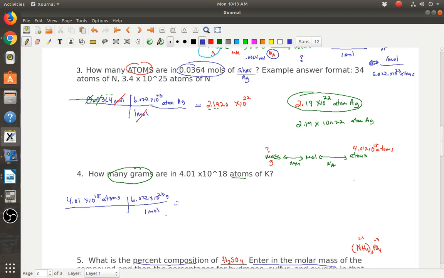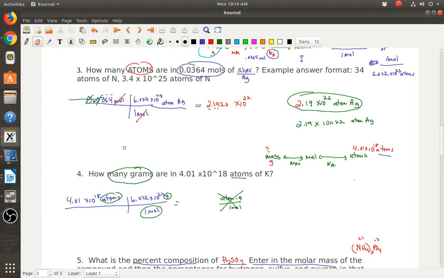And then they gave me a number. Well, there's several things wrong with that. The 6.022 is atoms. And if you did this math, notice that none of these units cancel. Atoms, grams, and moles, nothing cancels. So my final unit would have been atoms times grams divided by moles. And that's not what you want. So that's not going to be correct.